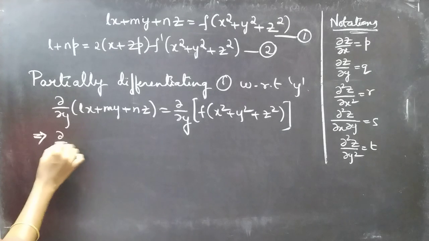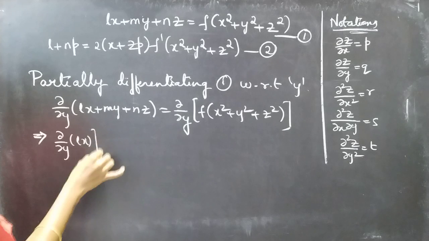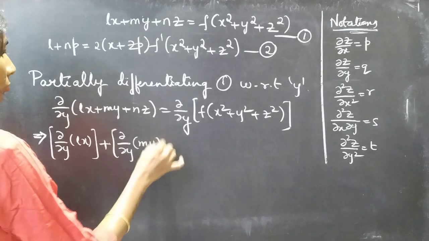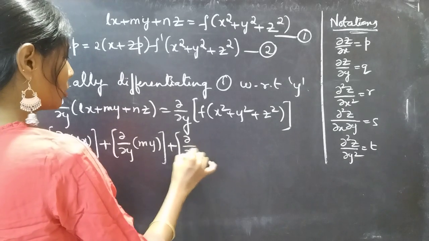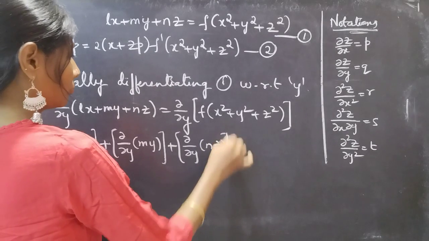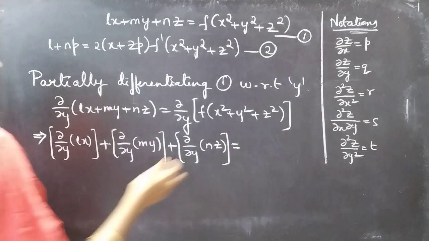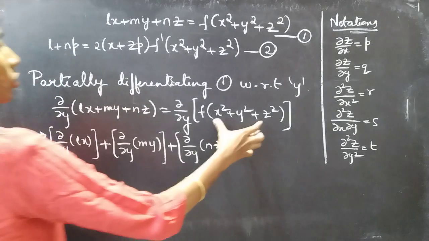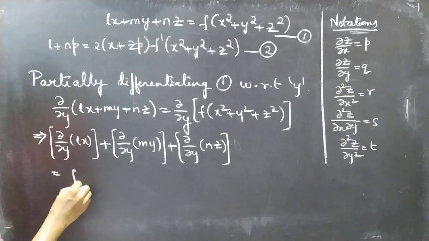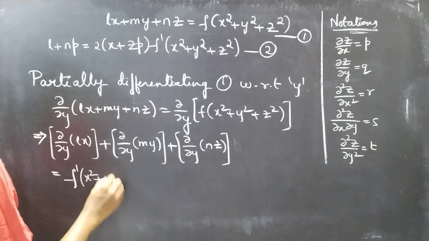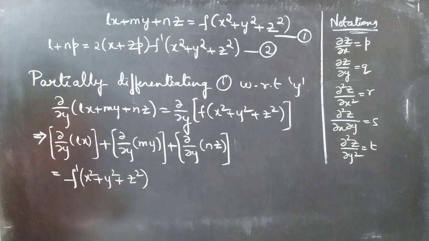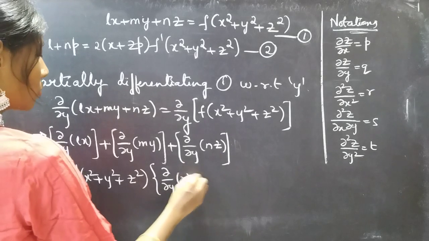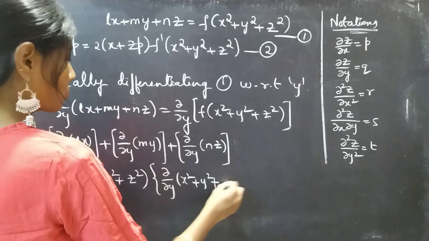We'll get dou by dou y of first term plus dou by dou y of second term plus dou by dou y of third term equal to partial derivative of f of x square plus y square plus z square, which is f dash of x square plus y square plus z square into the inner derivative, partial derivative of x square plus y square plus z square.